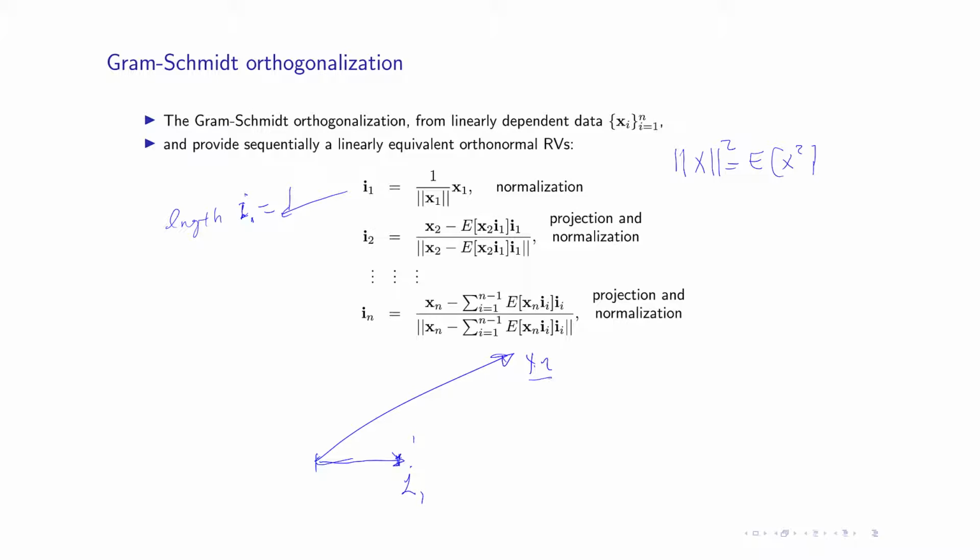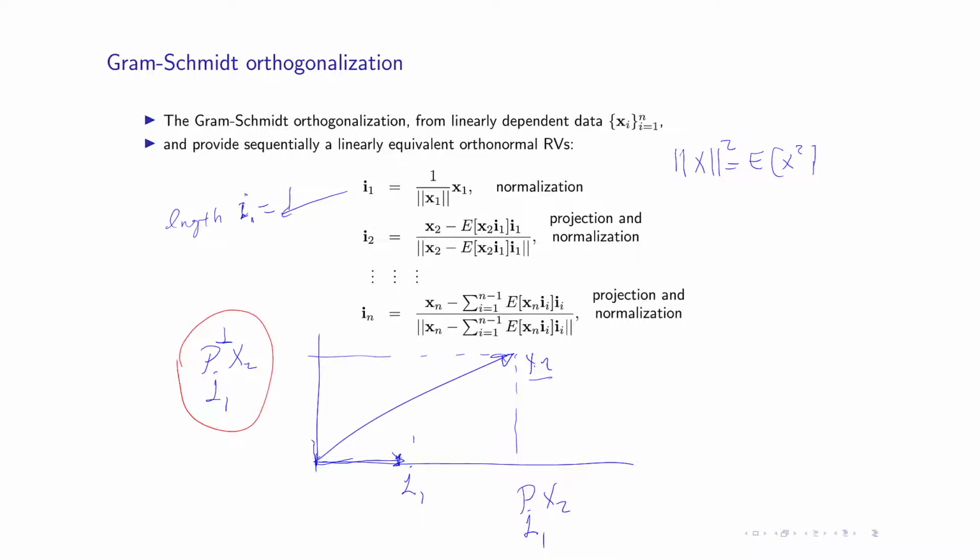So x2 is decomposed in two components. One component is along the direction of I1. This is called the projection of x2 on the direction of I1, and the other one is the component of x2 orthogonal to I1. Obviously, if you add these two vectors, you get vector x2.